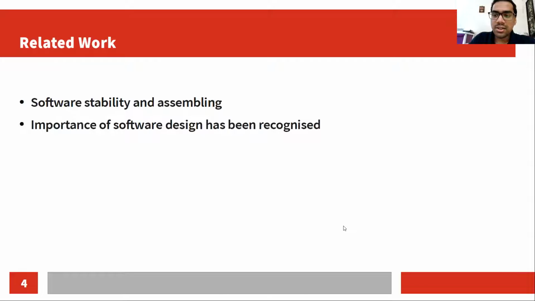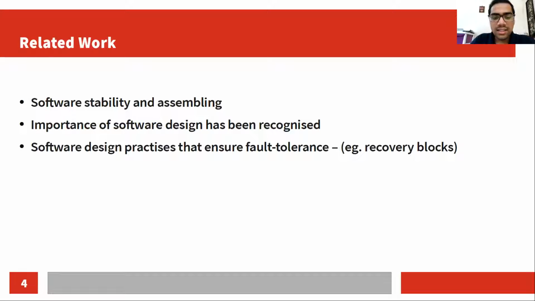Another thing literature talks about is the importance of software design, because if you design something properly, then a lot of problems that you will face in the other phases like the maintenance phase and testing phase can be avoided, because you take care of these things in the design phase. And literature has gone so far that they have even defined certain practices, such as recovery blocks.